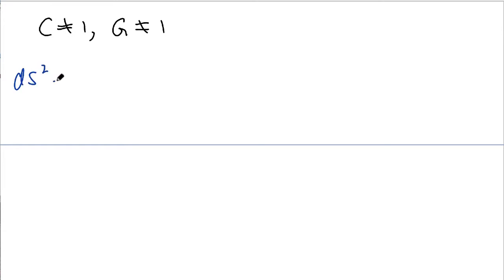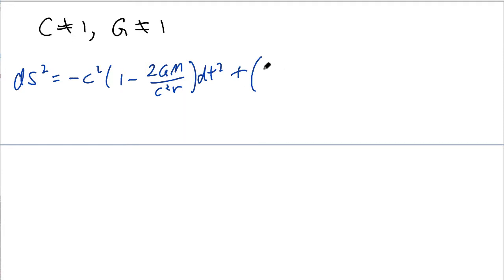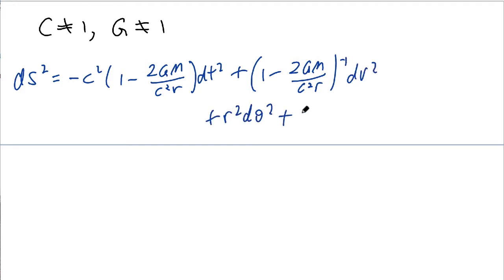If we are working in units in which that's not the case, the Schwarzschild metric is ds² = −c²(1 − 2GM/c²r) dt² + (1 − 2GM/c²r)⁻¹ dr² + r² dθ² + r² sin²θ dφ².